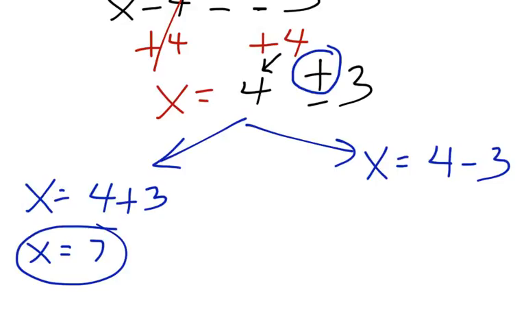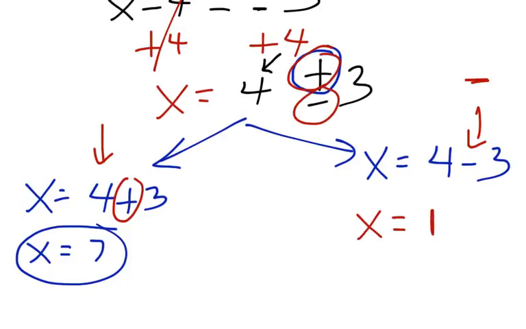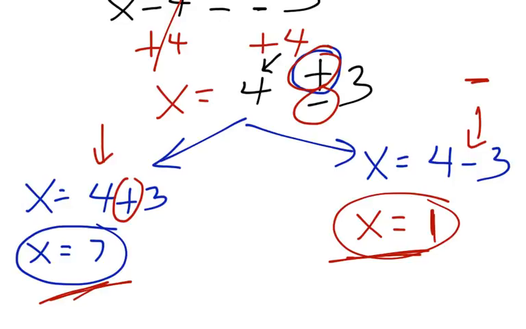If on the first answer I use the positive, on the second answer I will use the negative. Remember, 1 plus, 1 minus. Now, how much is 4 minus 3? 1. That's right. So these are the two answers from your quadratic equation.